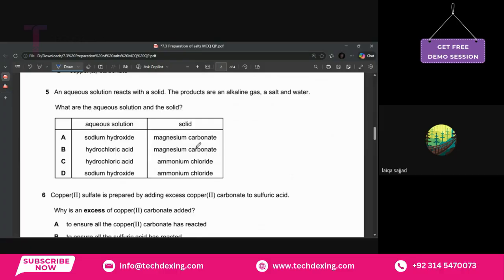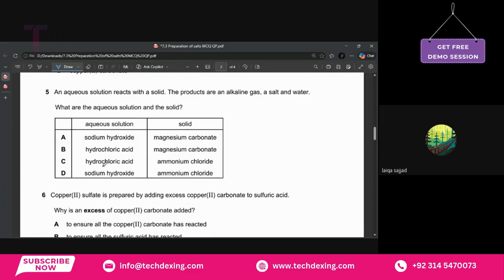In option A, when we react sodium hydroxide and magnesium carbonate, it will only produce carbon dioxide. When we react hydrochloric acid and magnesium carbonate, which gas is being produced? Again, carbon dioxide. And when we react hydrochloric acid and ammonium chloride, there won't be any reaction. Why?